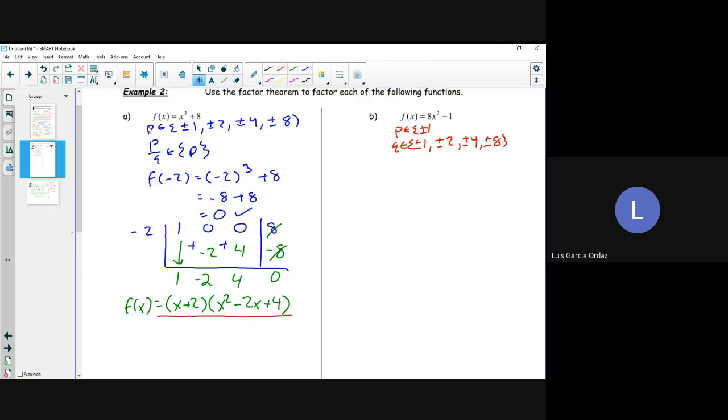And here we actually have to do p over q. So we got plus and minus 1, plus and minus 1 over 2, plus and minus 1 over 4, and plus and minus 1 over 8. So which one of those factors of p over q, if we plug in for x, gives us an output of 0 for the function?